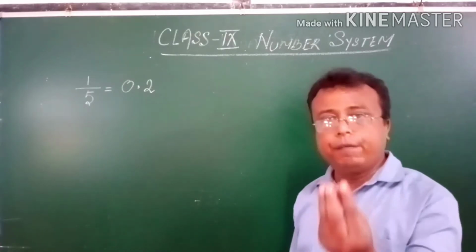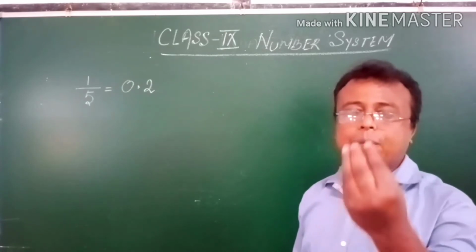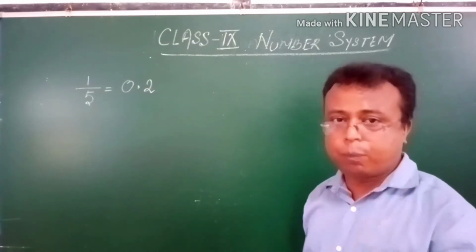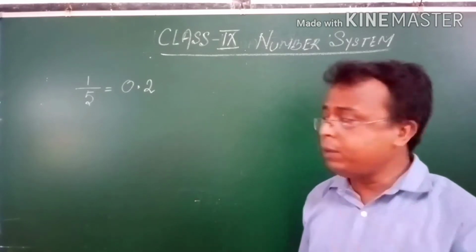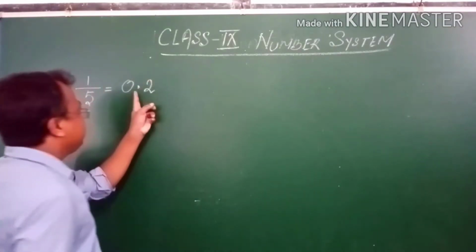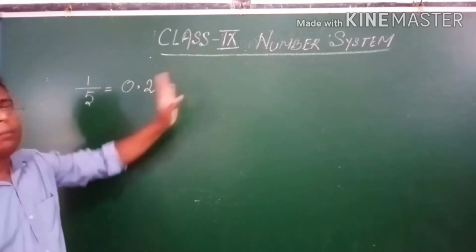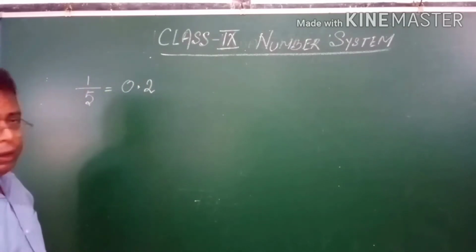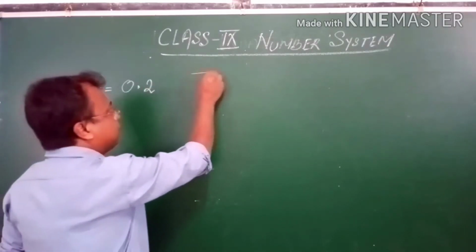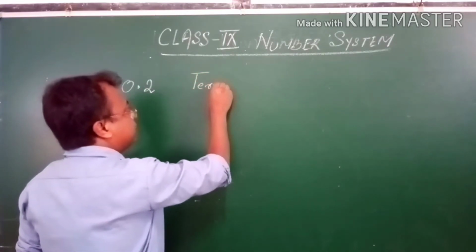Terminating means stop. After the decimal no digit will come. You can divide this one, you will get 0.2. So this type of decimal expansion is called a terminating decimal.